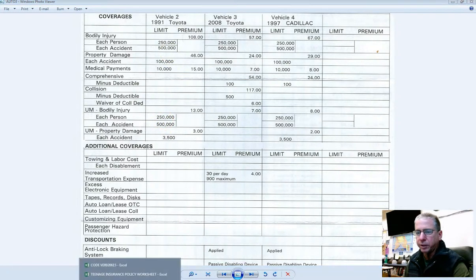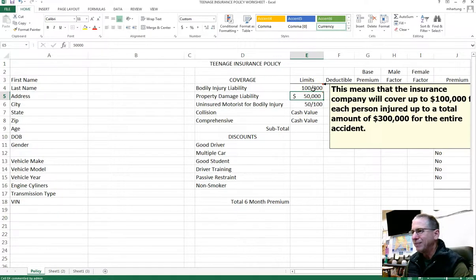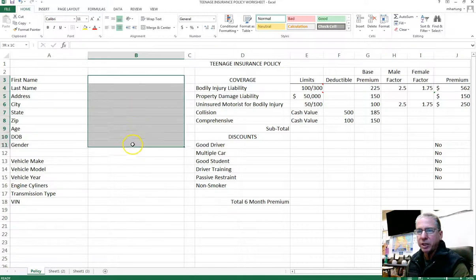So let's go on over here and take a look at our insurance policy. A lot of these numbers we've just created here. These are not based on any specific information regarding an insurance policy, just numbers that typically might occur. So you can go ahead and fill that information out there.